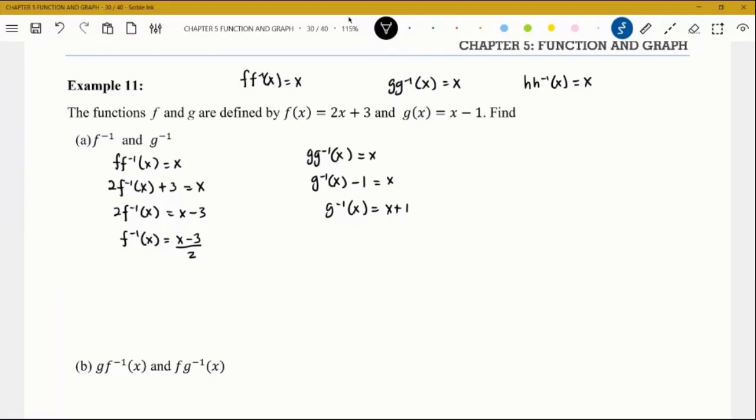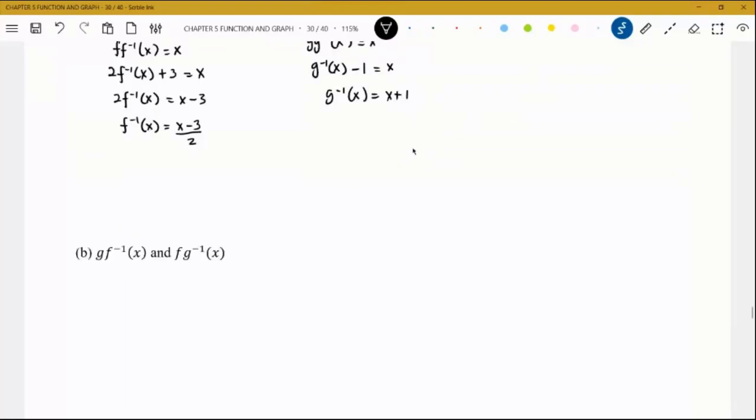Now, to find the GF inverse and FG inverse, we have to do the composite function, which is we substitute the F inverse here into the G. So we're gonna have X minus 3/2.